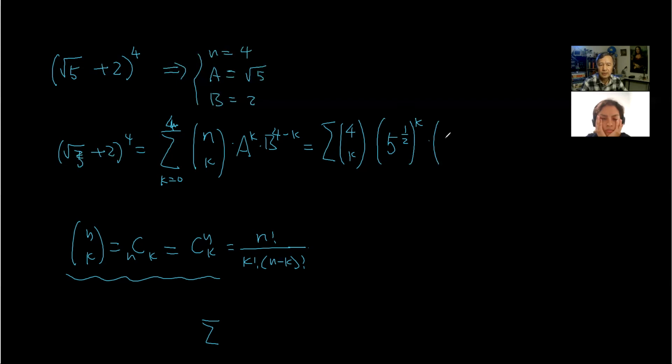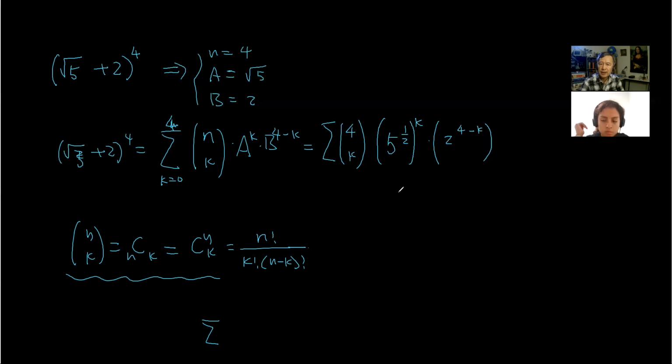The second one is 2, and the second part, which I write directly, is 4 minus k. Because k changes from 0 to 4, you have 5 terms. You put the 5 terms together.